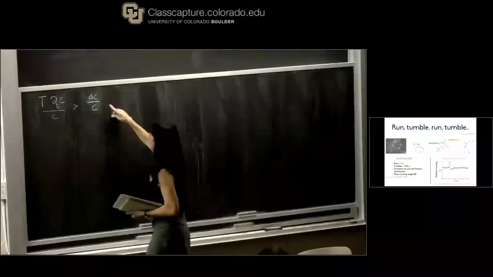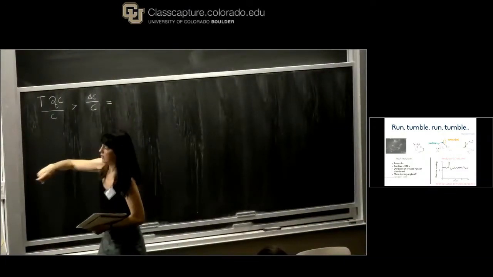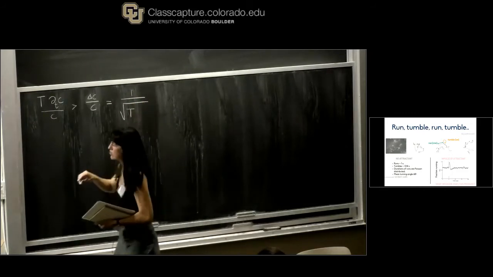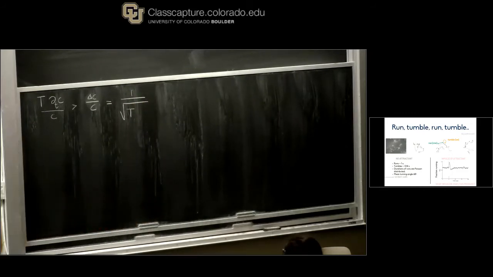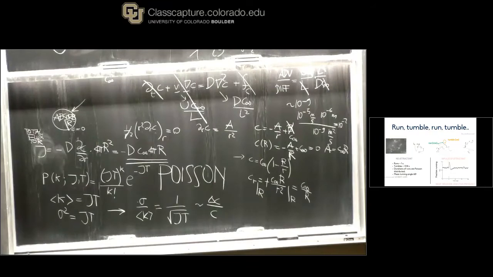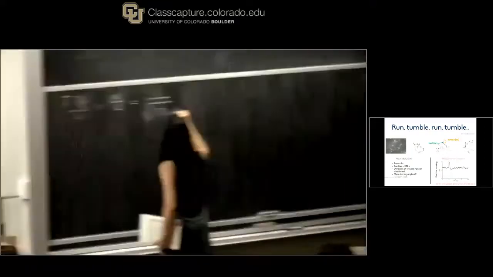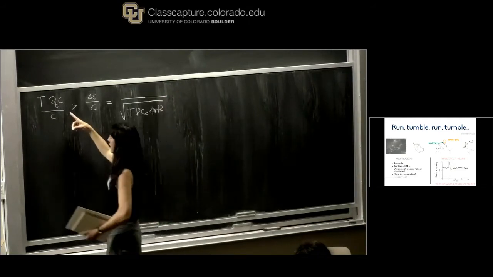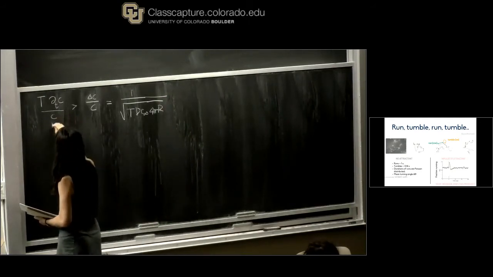Okay, so we have this. This is 1 divided by square root of what? The time of integration times j, and j, we calculated it. It's dc infinity 4 pi r. And in order to get this, actually, let me write it down in the following form.